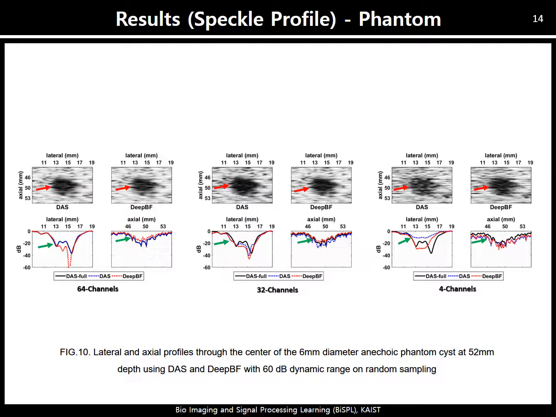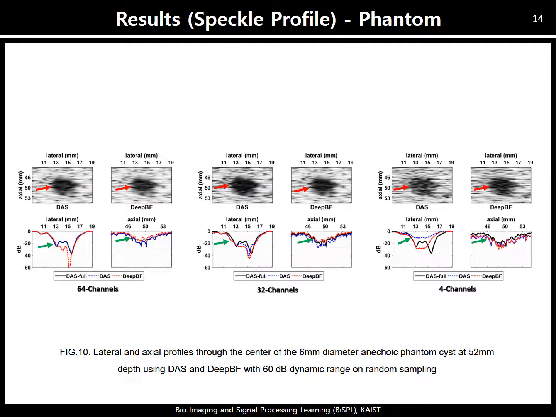Finally, in figure 10, we compare lateral and axial profiles through the center of the phantom and a cyst using DES and the proposed DBF method. From the figure, it can be seen that under all sampling schemes, on the boundary of the cyst, the proposed method shows sharp changes in the pixel intensity with respect to the lateral position in the image.